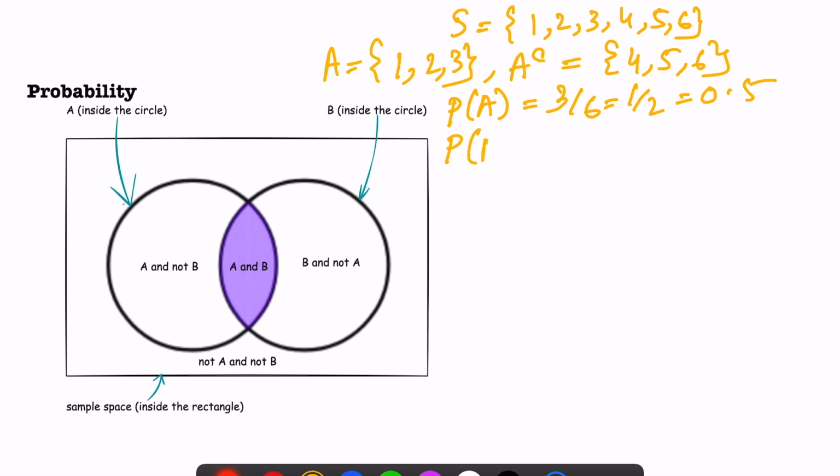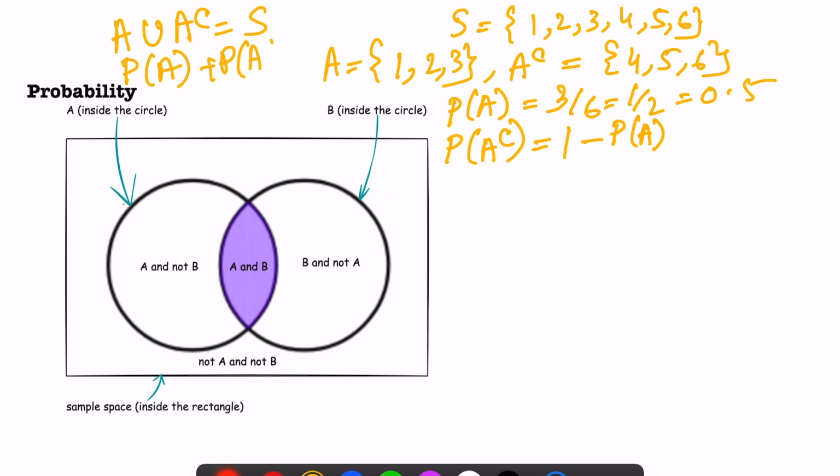So always the probability of A complement is 1 minus the probability of A, because A union A complement is the sample space, and the probability of A plus the probability of A complement will be 1.